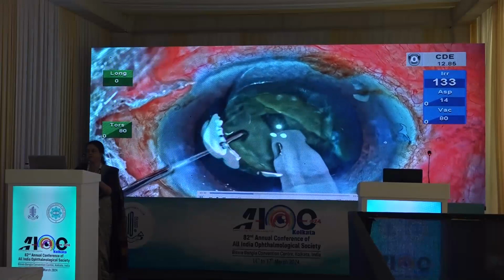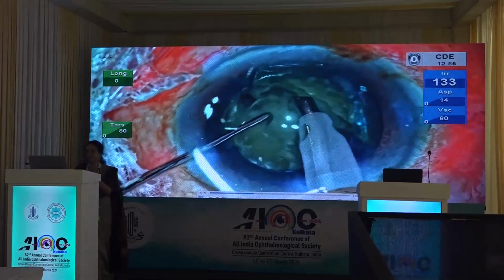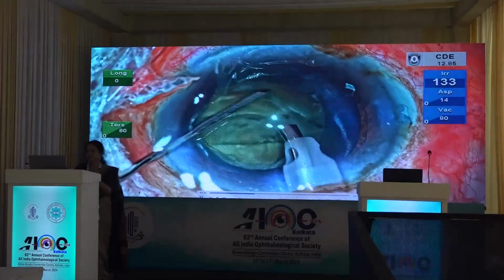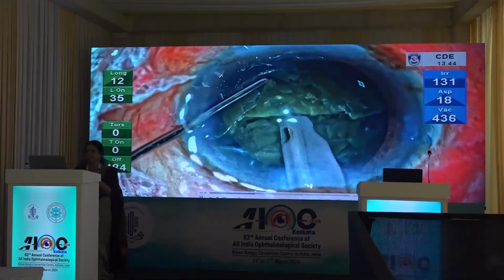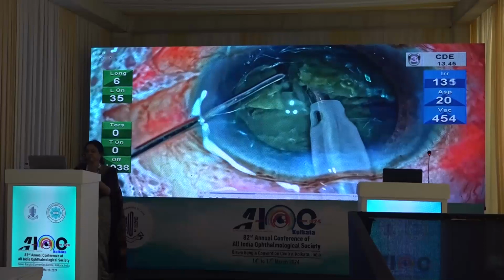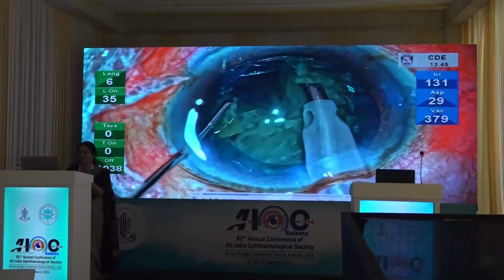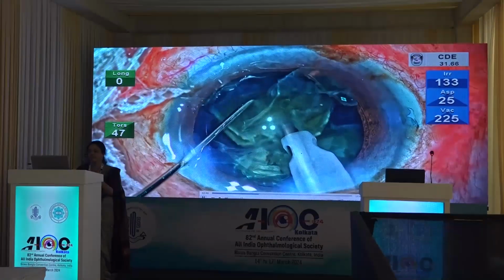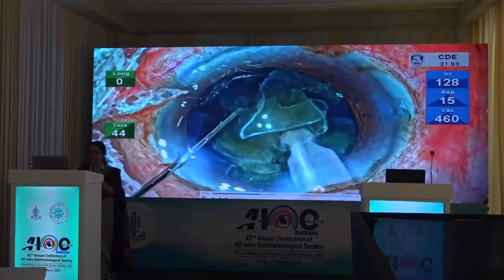So the lateral separation is done here. Each of the heminucleus is further fragmented. As is seen, the nucleus is of grade 2 density.